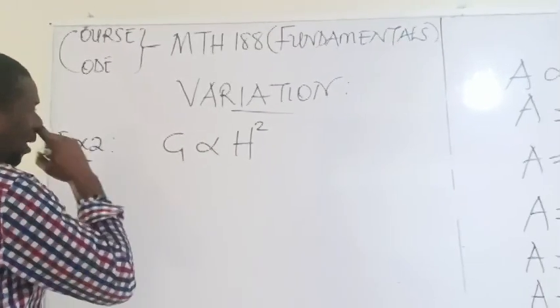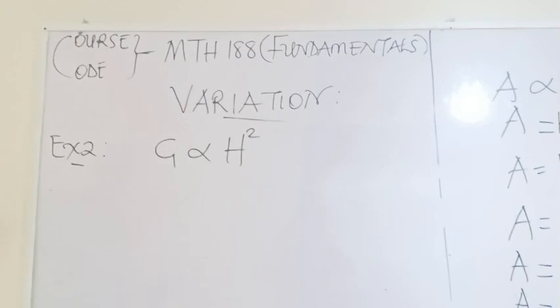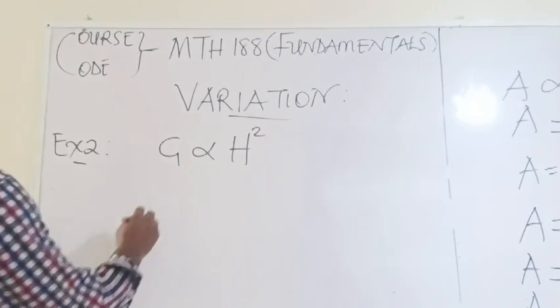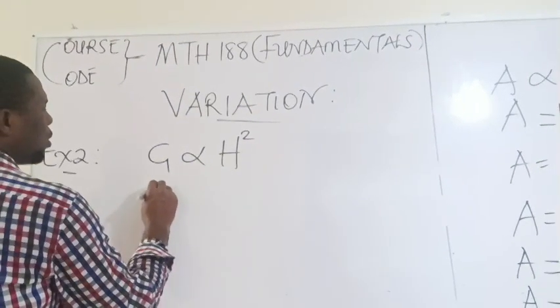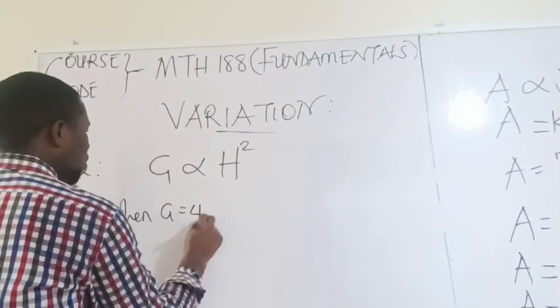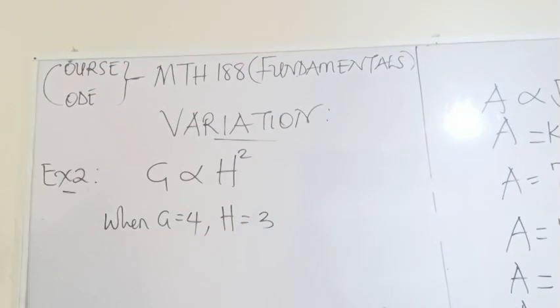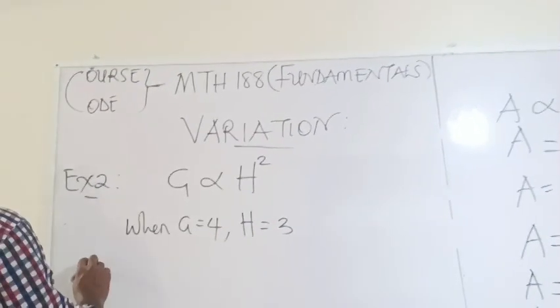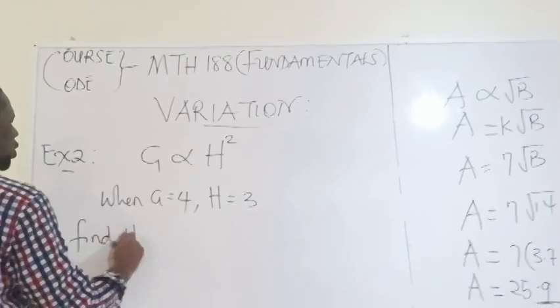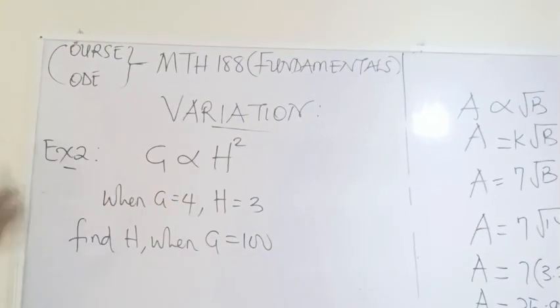So let's now say, let me give this some values. G is 4, when G is 4, let's say H is 3, right? So the question is find H, when G is 100, that's the question.